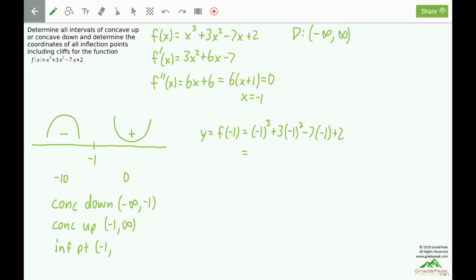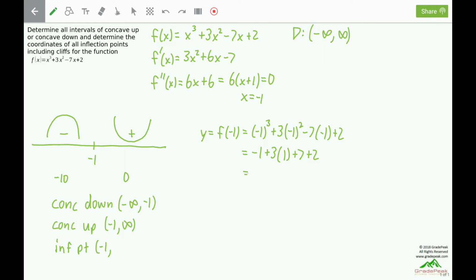Negative 1 cubed, because of the odd power, is a negative, and 1 cubed is 1, plus 3 times negative 1 squared, because of the even power, is positive. 1 squared is 1. And minus 7 times a negative 1 is a positive 7, plus 2.